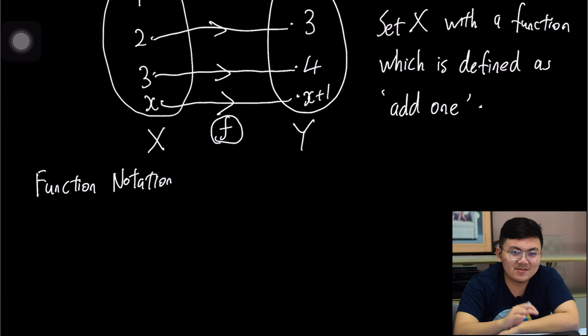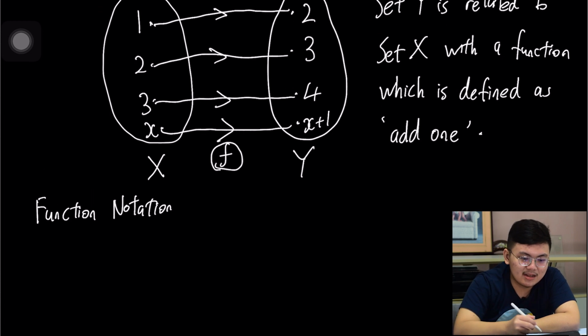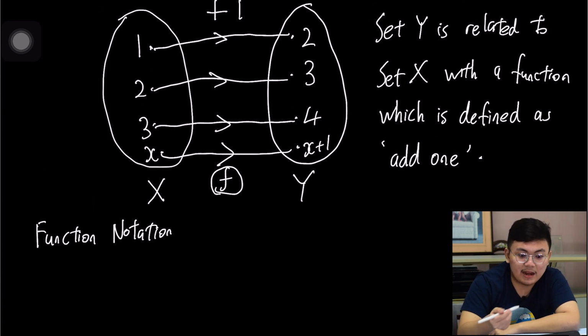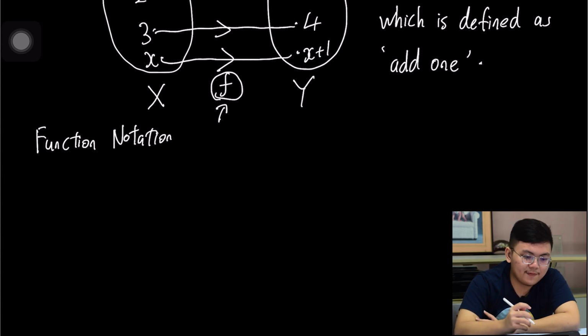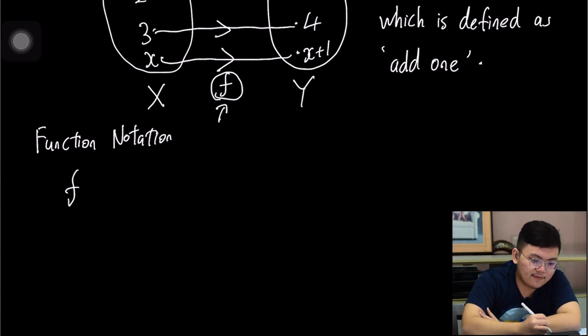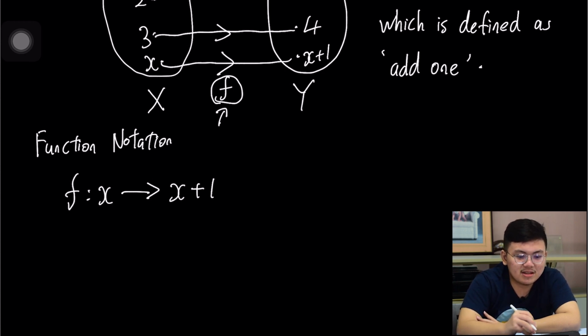The first way to describe it is very easy. You can see the process is +1, right? f is +1. But when we rewrite it, we say f of x, f dot x, approaching x +1. So what does it mean?